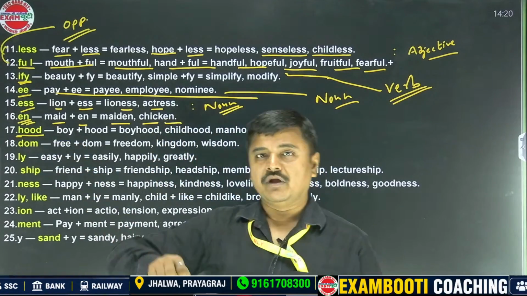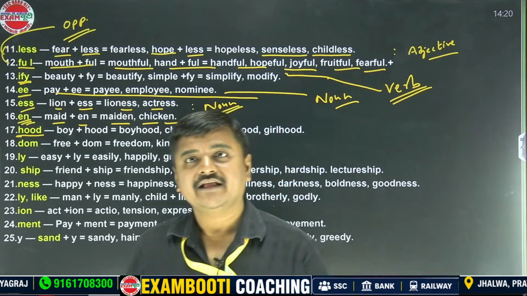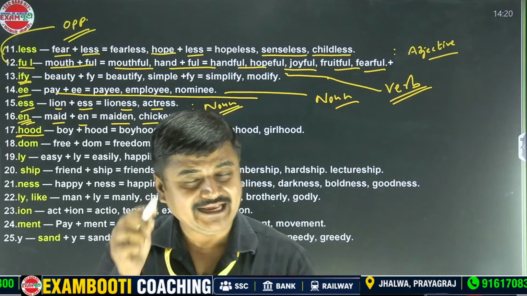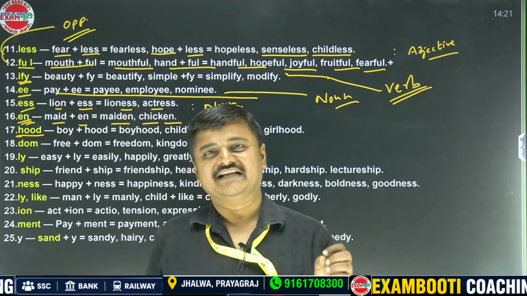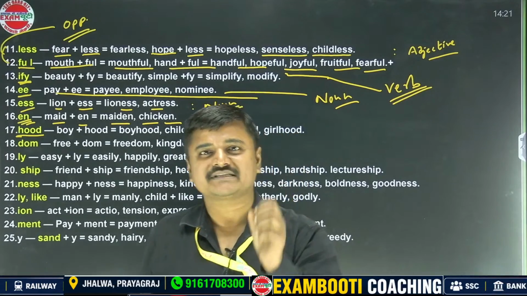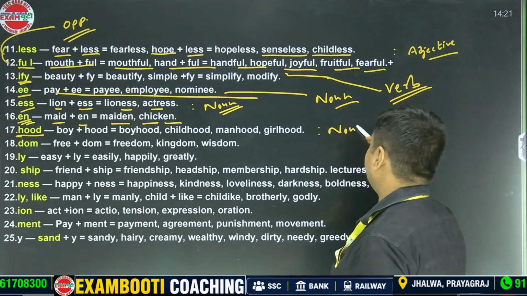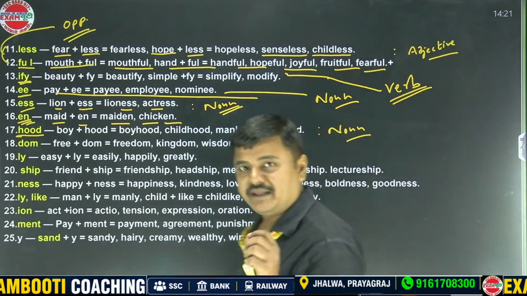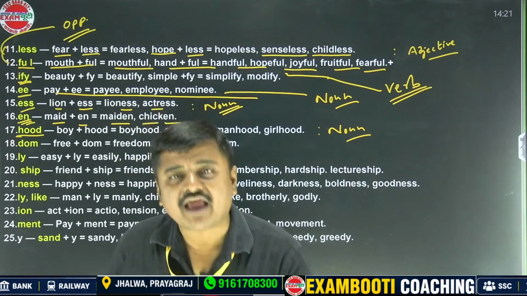Now come to another suffix, hood, H-O-O-D. It gives you a 100% clear view that the word is going to be a noun. Yes, the word will be a noun and also an abstract noun.